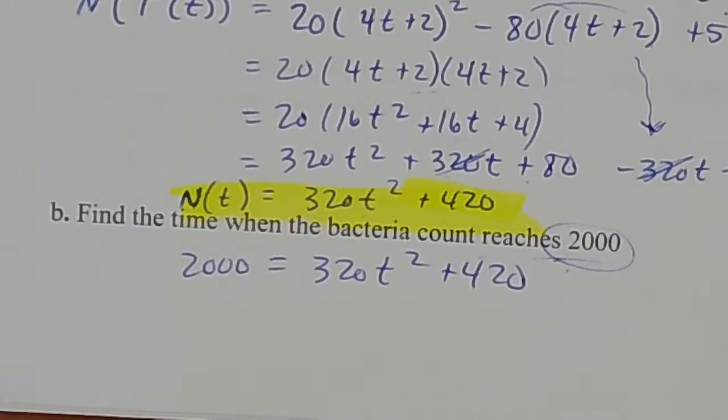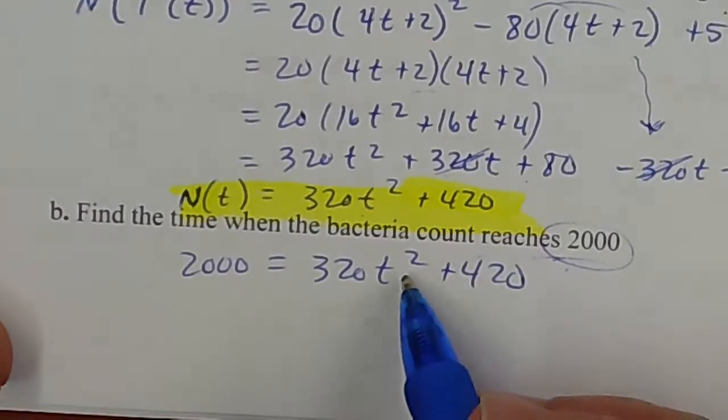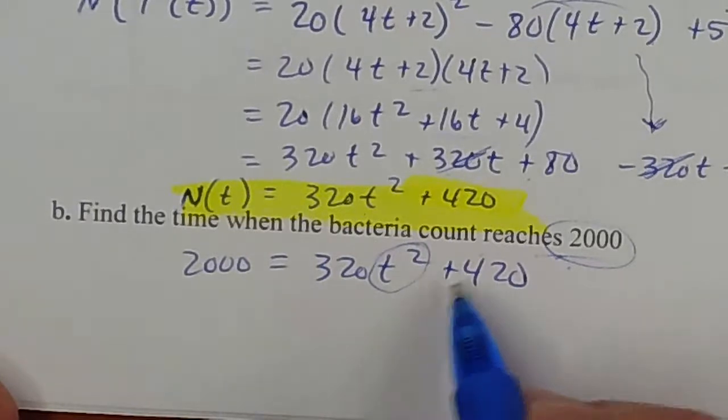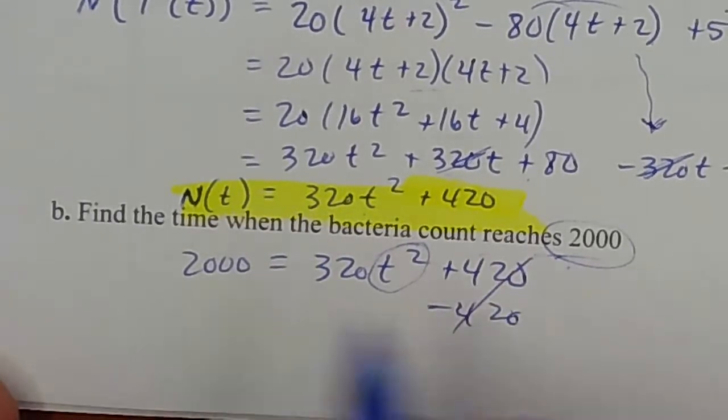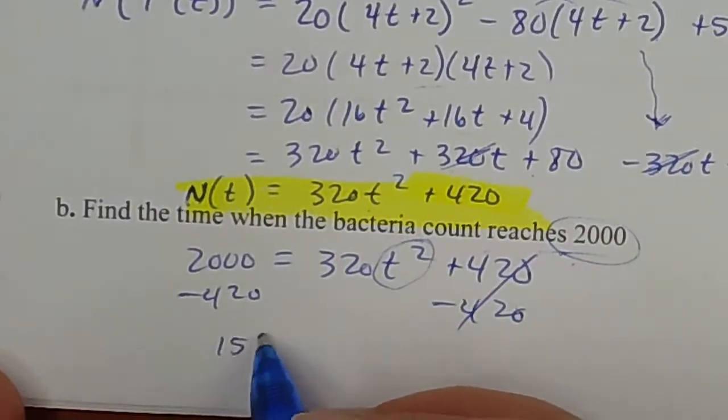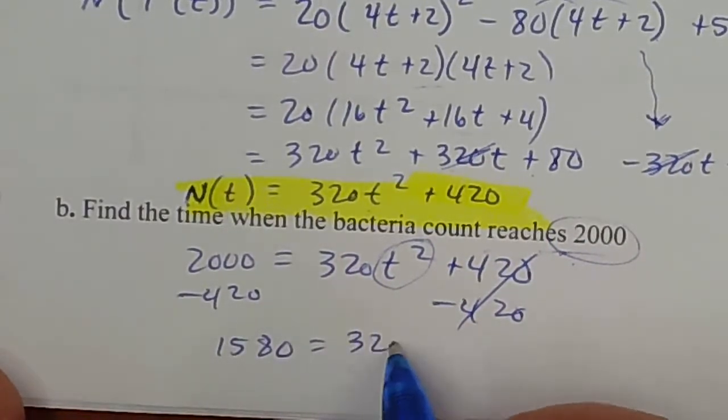All right, this is a pretty, sometimes quadratics get messy. This one's not bad, just big numbers. When we just have a t squared term, we can use the square root method. We just got to get it by itself. So move this over. It gives me 1580 equals 320.